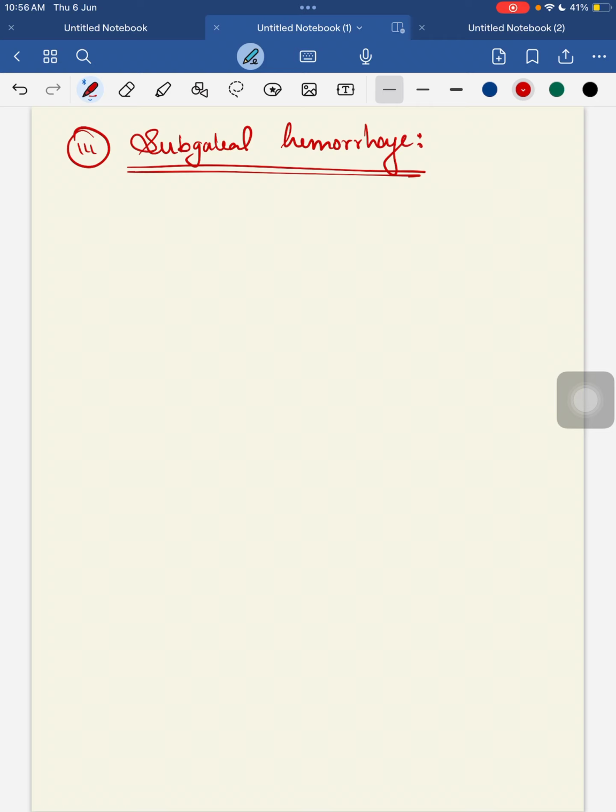So this very large area can accumulate a large volume of blood. Since so much blood can be accumulated in this large area, the child will go into shock, hemorrhagic shock, right?